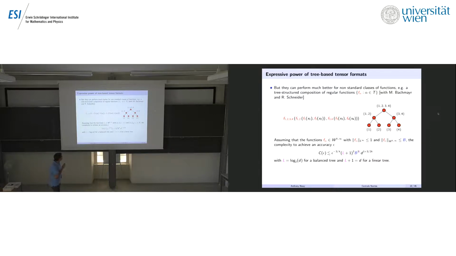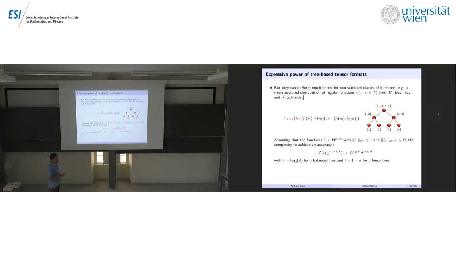So if you consider such function class, where all the functions here are smooth in this way, in fact you consider these functions in Sobolev spaces W^K infinity, with L infinity norm bounded by 1 and these W^K infinity norms bounded by B, then, after some work, and using the tricks I have shown before, using Kolmogorov width of these multivariate functions, you obtain a complexity bound, which is like this. So you don't see the dimension anywhere except in the L.